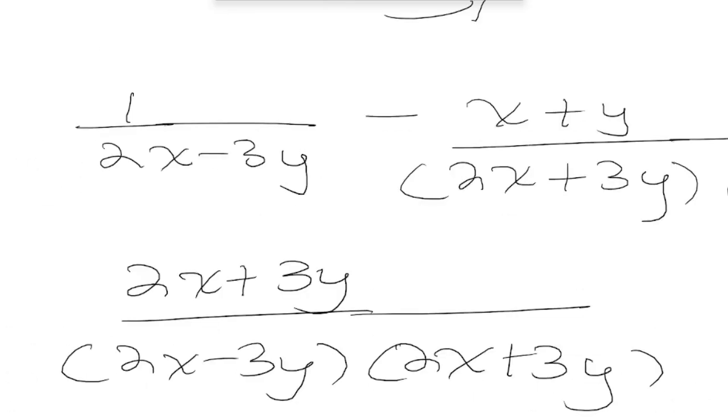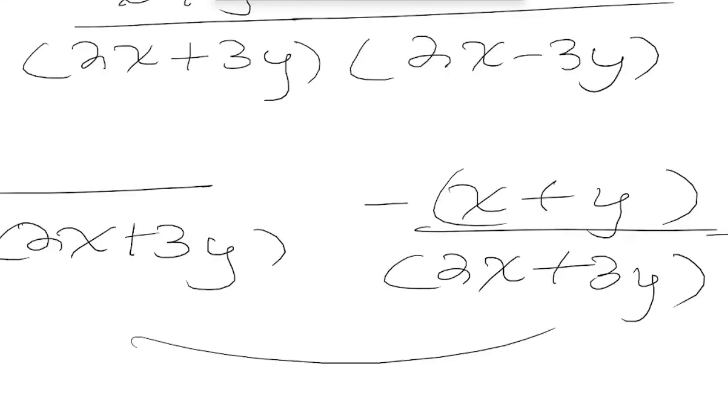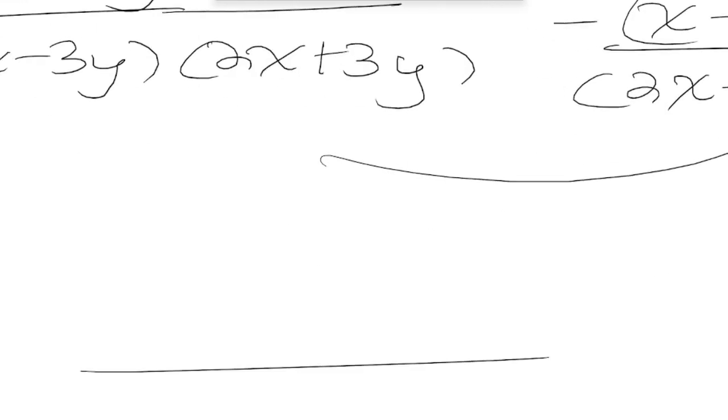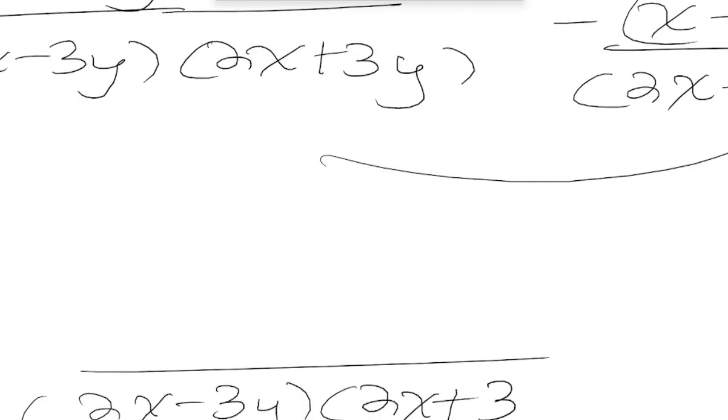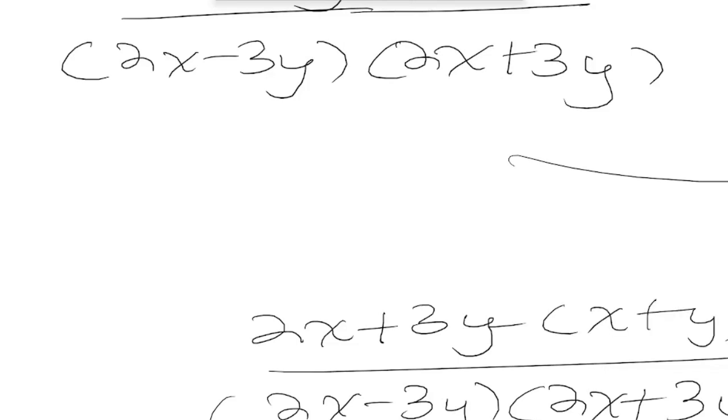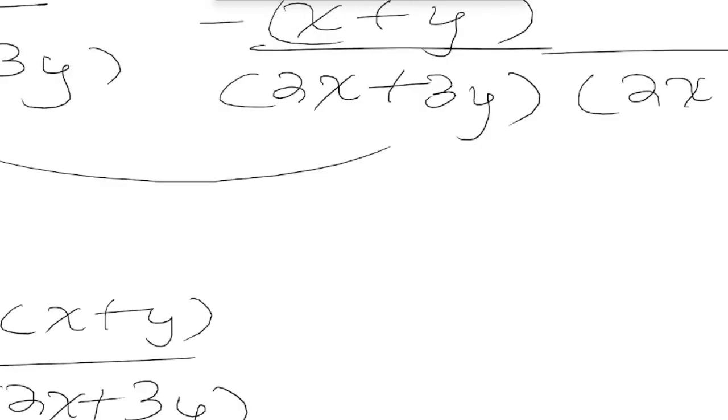Okay, after doing this, as you can see, our denominator is the same, so we will just write it as it is. I'll just write here the denominator, which is 2x minus 3y and 2x plus 3y. Okay, after that we will write here 2x plus 3y minus x plus y. So let's simplify this expression.